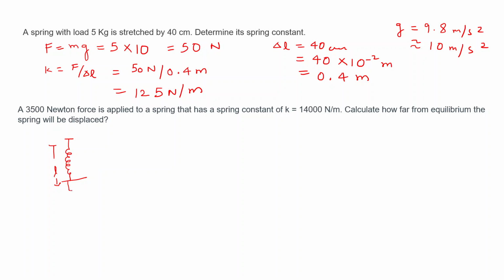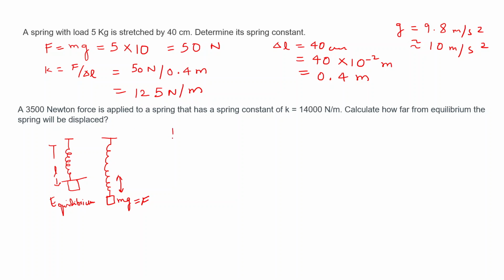When I hang the weight here, it will get elongated, and it will become something like this, with some elongation. So this was the equilibrium position, and this is the new scenario where it's elongated.